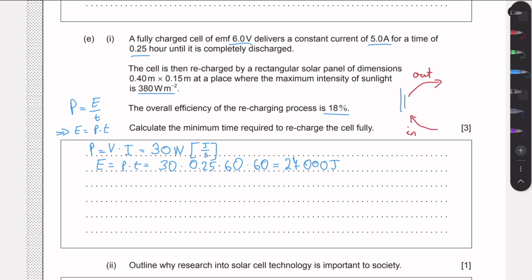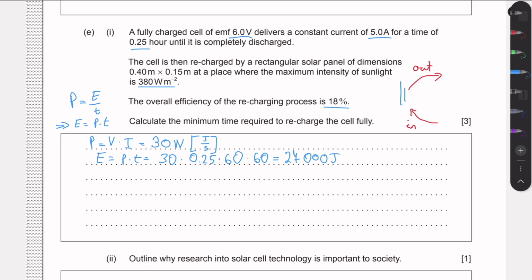So let's see how much energy the solar panel provides our battery per second. We know that the incident intensity on the solar panel is 380 watts per meter squared. So for every square meter, we get 380 watts. But we don't have a square meter, we only have this rectangular area of 0.4 times 0.15.